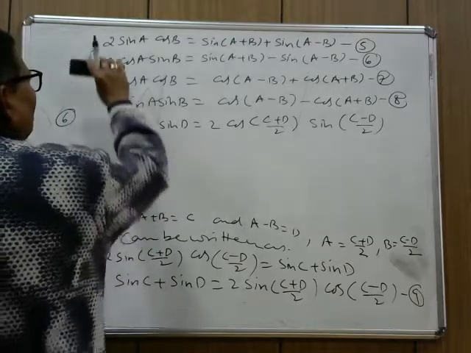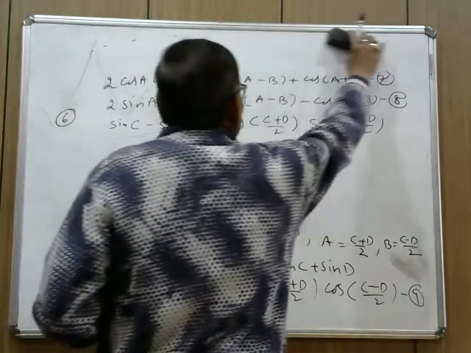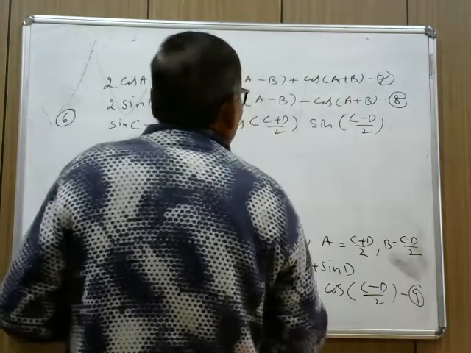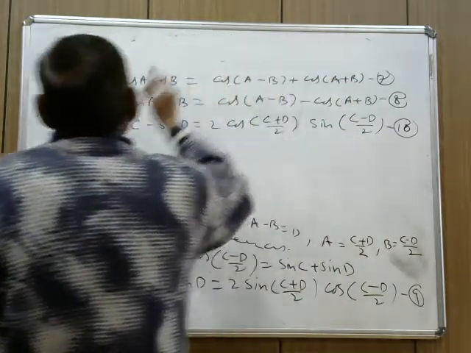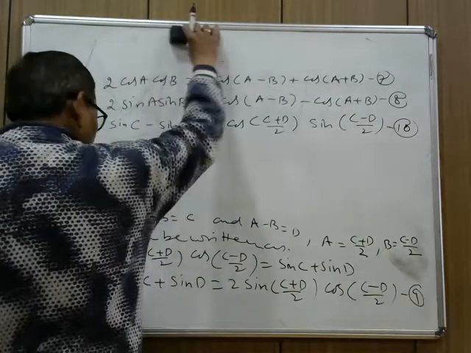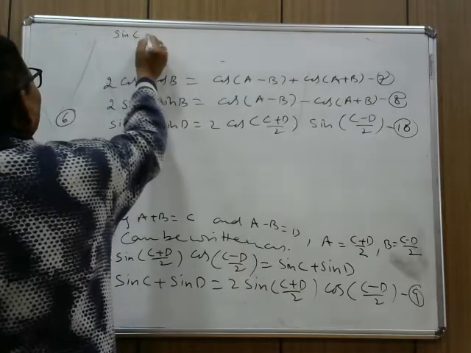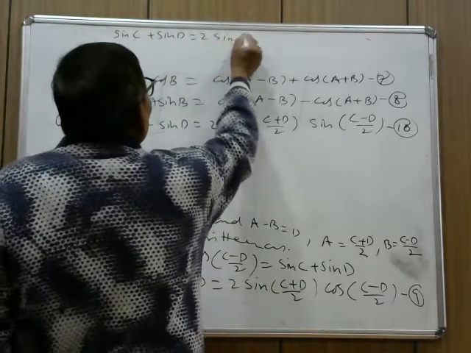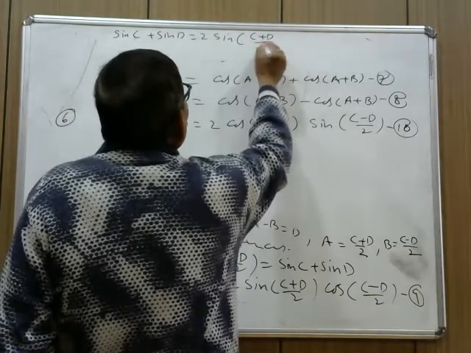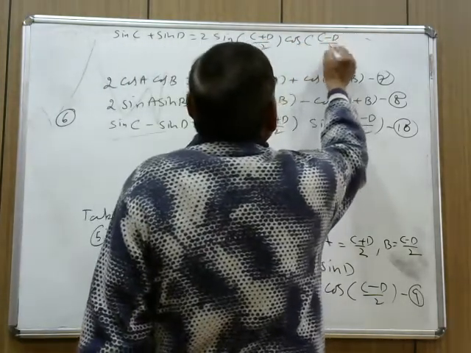So now you have two formulas, 9 and 10. This is 9, this is 10. You write here. Formula 9: we have two new formulas, sin C plus sin D is equal to 2 sin (C plus D)/2 into cos (C minus D)/2.